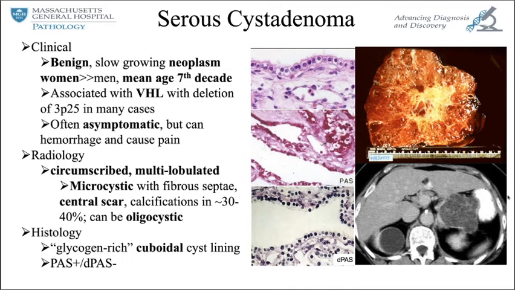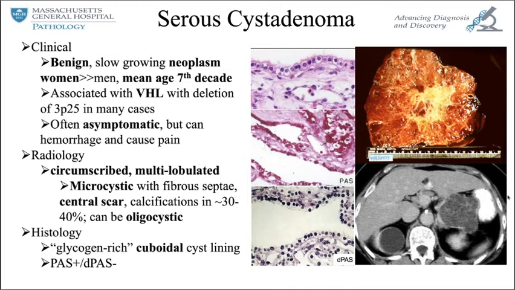Now, imaging shows a circumscribed multilobulated lesion. Most of them are microcystic with a fibrous septae or central scar, and some of them can be associated with calcifications. But these lesions can undergo a significant degeneration, leading to an oligocystic, even a unilocular variant.